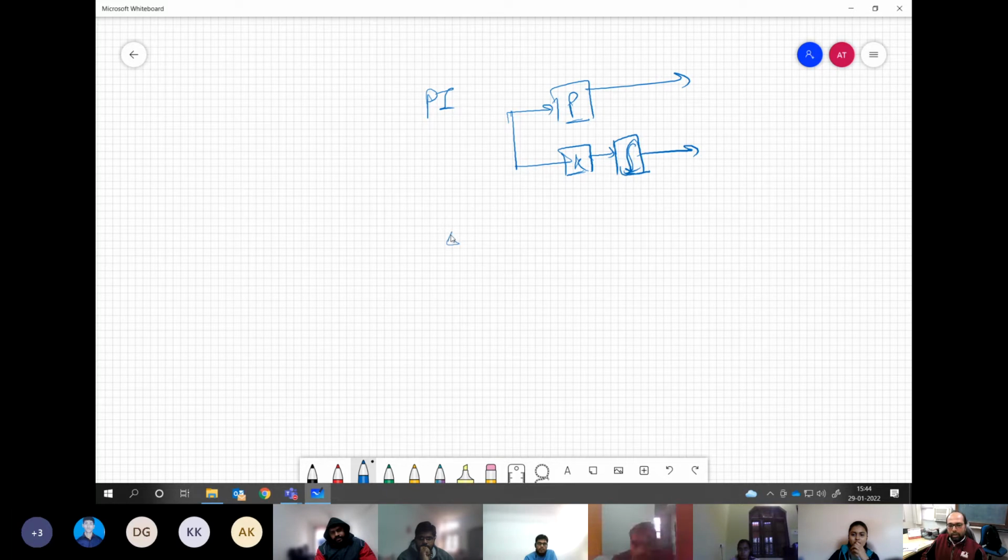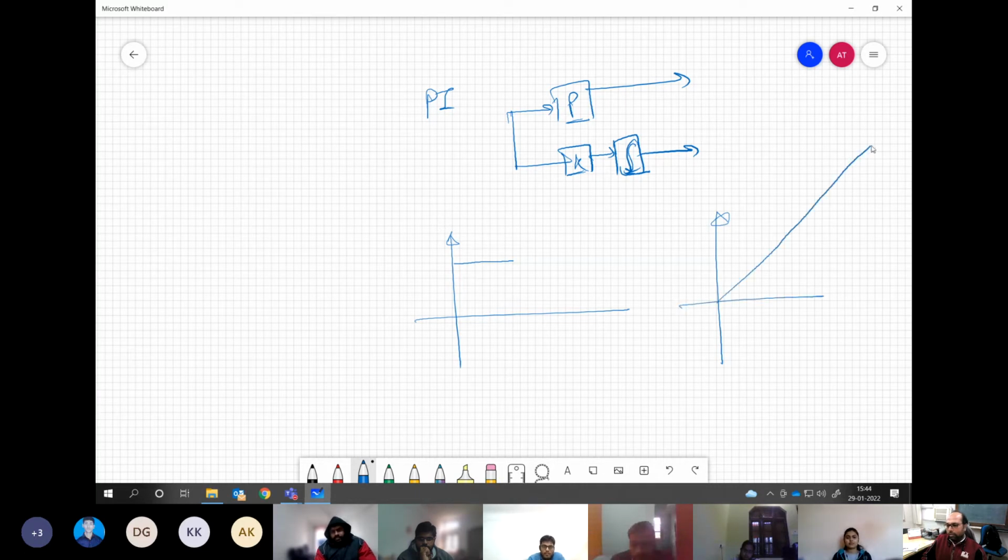Otherwise, what will happen? Let's say your error is somewhere here. So the integrator will start from 0 value. It will keep increasing. And by the time you feel that this value is sufficient to actuate the power converter and the system, and the error starts reducing, by the time the error reaches 0 value, this will already be at a very high value.